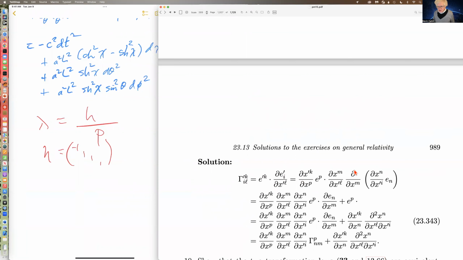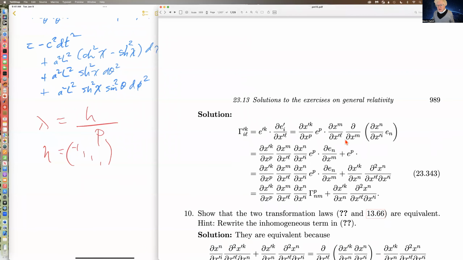The derivative with respect to i prime is, of course, the derivative with respect to the l prime derivative, and so we have the chain rule here to get dx prime, and then E prime i is the derivative of E_n with respect to x prime n. And so we have this complicated expression here.